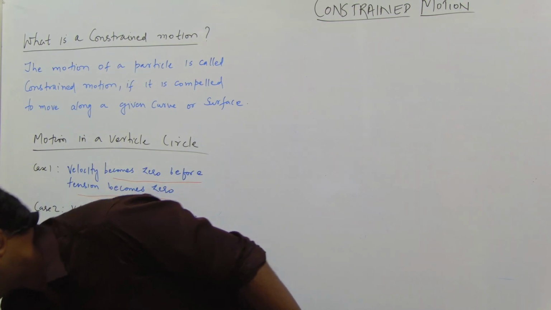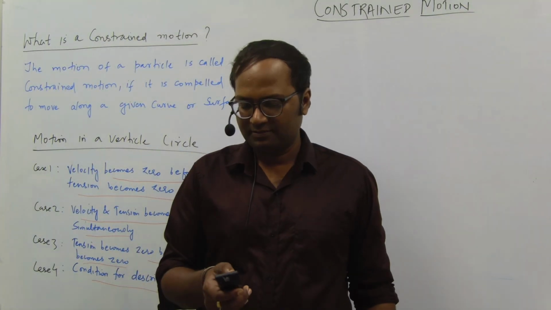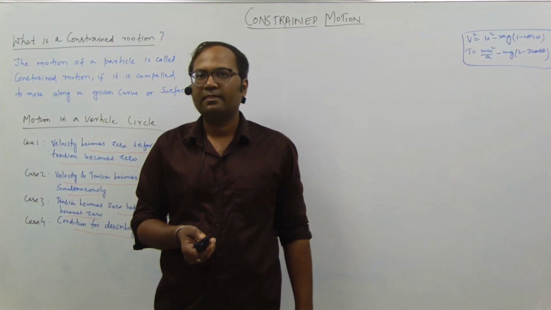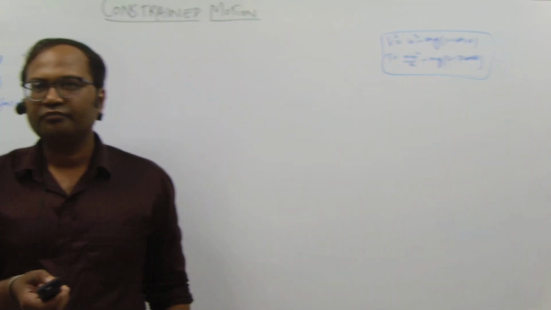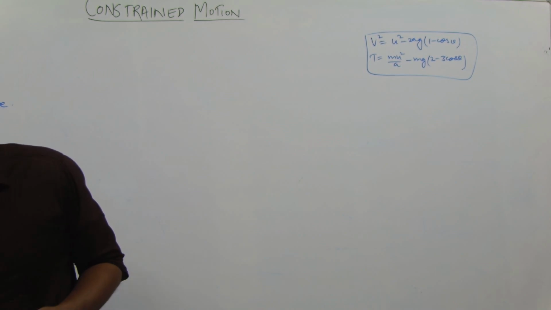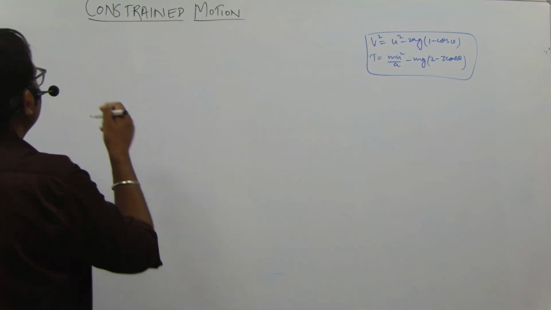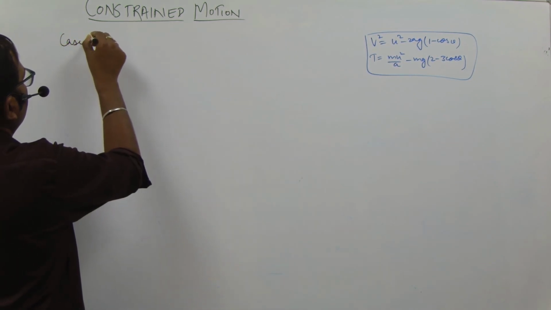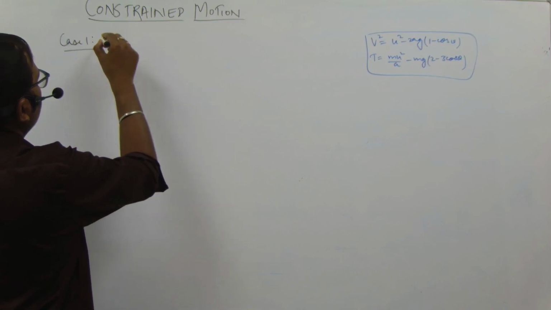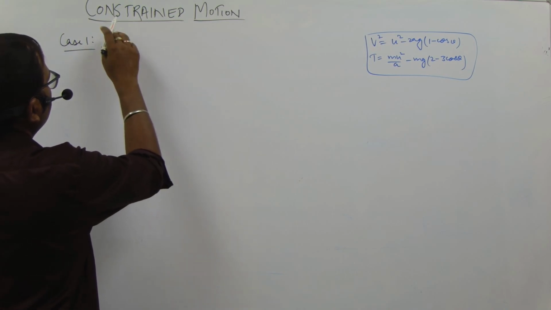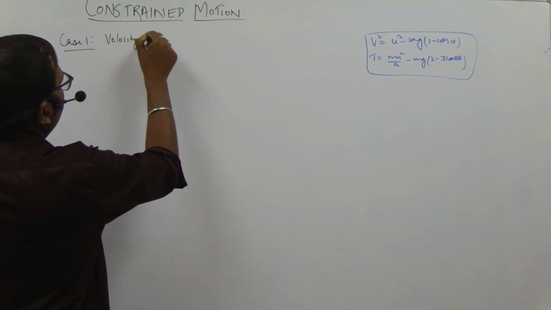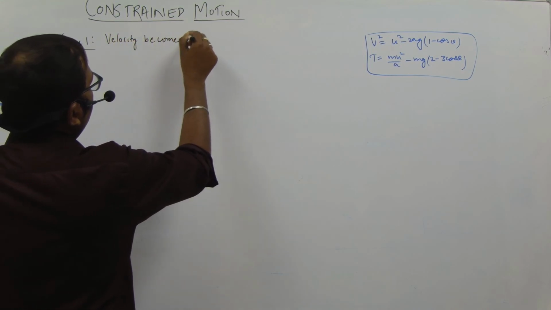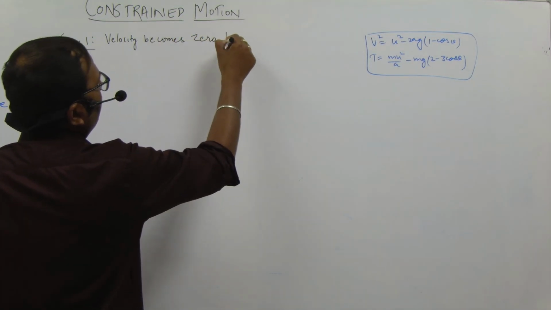Okay, so let us deal with the first case. So we have case 1 as velocity becomes 0 prior to tension.